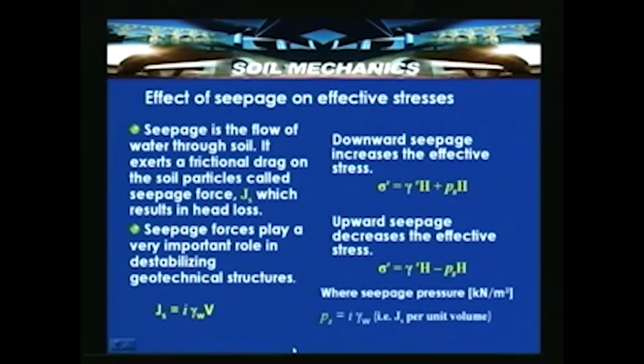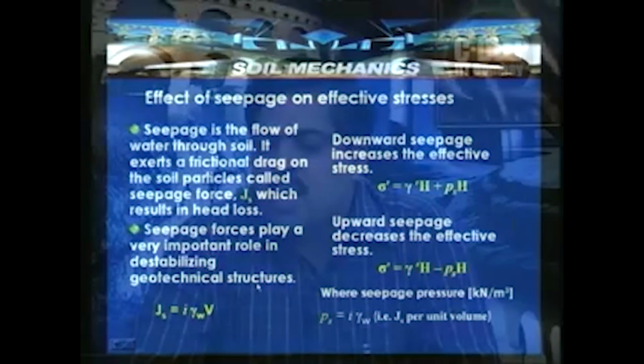Because of the mobilization of the seepage forces, there is a head loss which is actually driving the flow. Seepage flows play a very important role in destabilizing geotechnical structures. Like we discussed just now, seepage flows play a very important role in destabilizing certain geotechnical structures, which we are going to see very shortly.